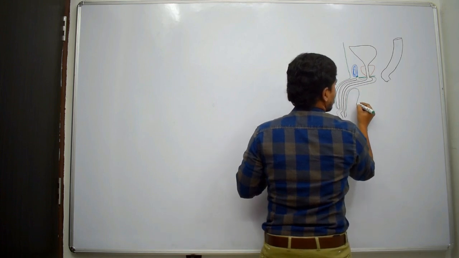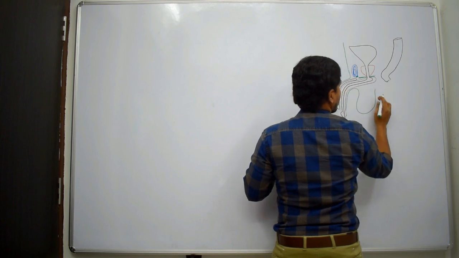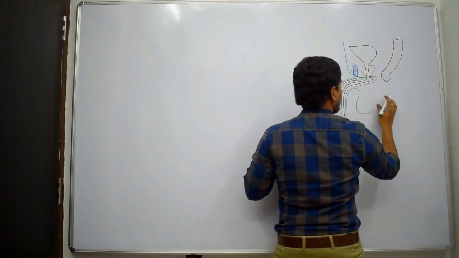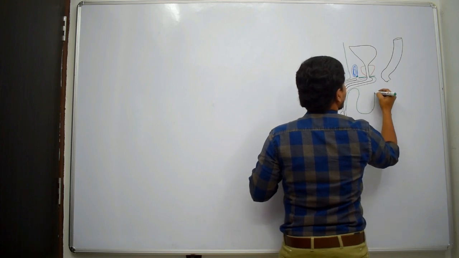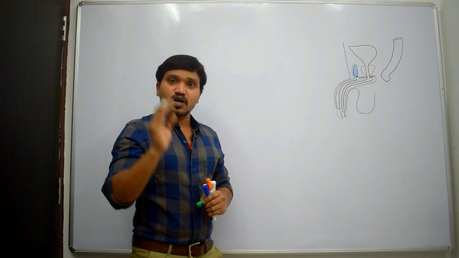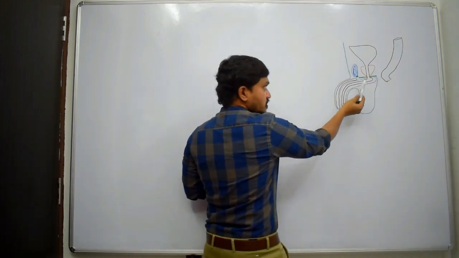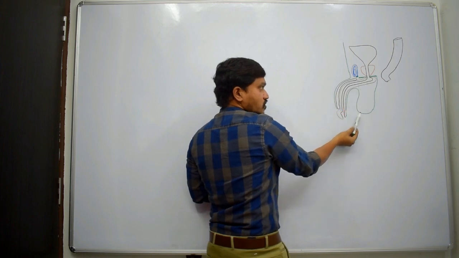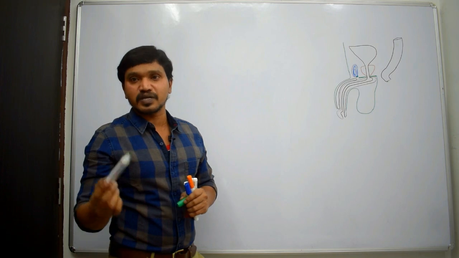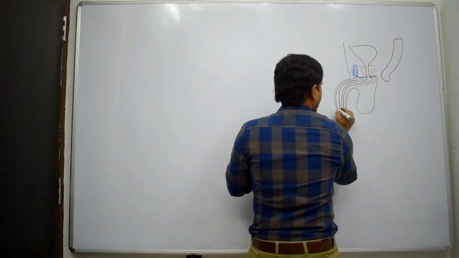It surrounds the penis, then it surrounds the scrotal sac. So this is scrotal sac. Posteriorly it attaches to the posterior border of the perineal membrane. So in between the perineal membrane and Colles fascia, this space is the superficial perineal space or superficial perineal pouch. You must have studied that in the perineum, right?